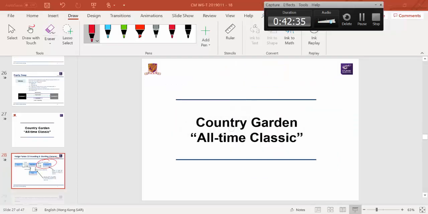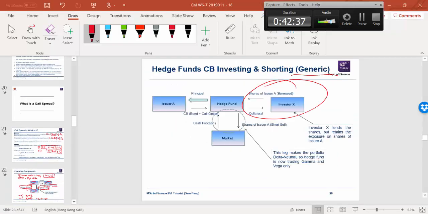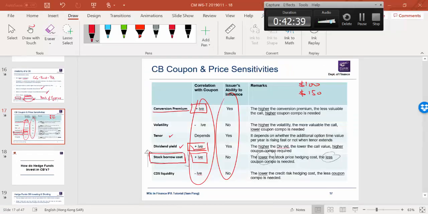And earlier, when I gave you that table, when I say that if the stock borrowing cost is very high, investors would want a higher coupon, so there's a positive correlation. That is the reason, okay?